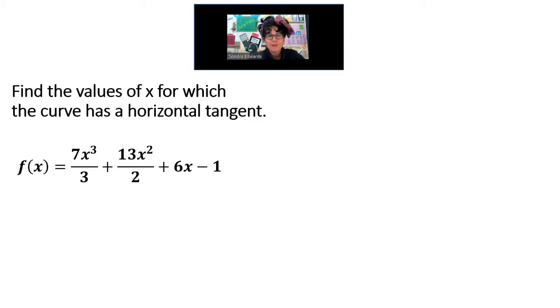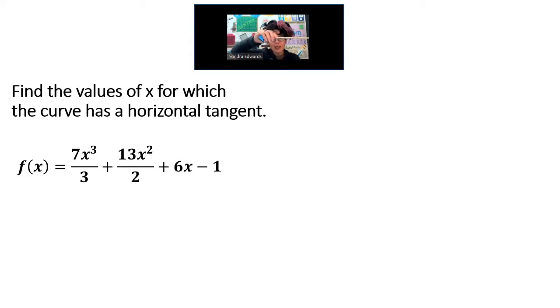We're going to go ahead and take this one step further. This is a very, very common problem that you'll see on the AP exam, particularly in the multiple choice section. Find the values of x for which the curve has a horizontal tangent. All right, if you have a horizontal tangent, what is that?